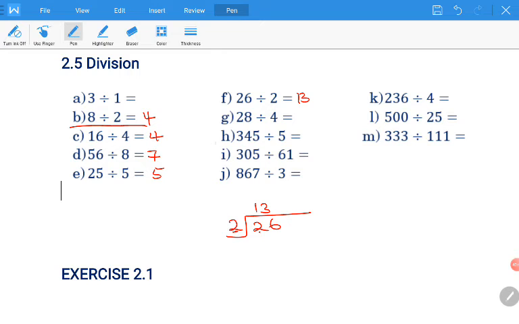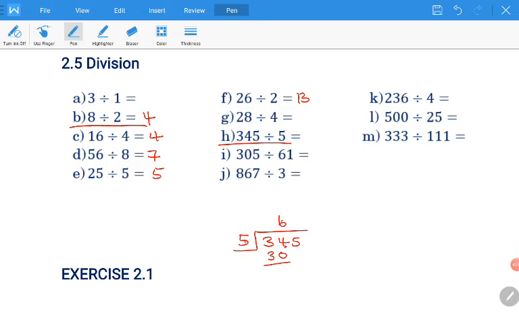Let's look at question H, which is saying 345 divided by 5. So here we have 5 and 345. 5 into 3, it cannot. 5 into 34, that's 6. 6 times 5, it gives us 30.